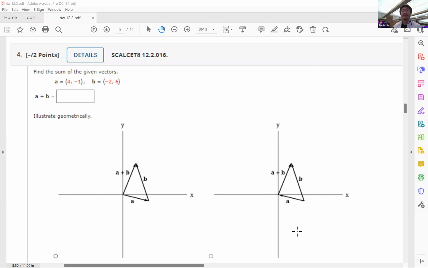So we place A plus B there, and we put B after these two vectors. So this will be our geometrical illustration of A plus B. A plus B always forms a triangle in the vector operation.